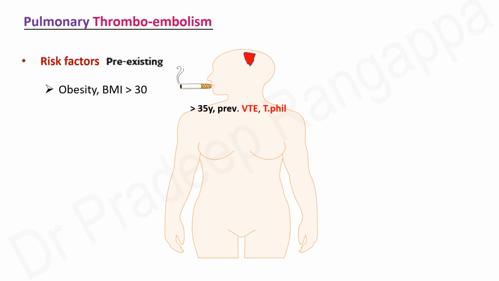So anyone with a stroke, someone with a history of smoking, and anyone more than 35 years who is not very ambulatory, who's had a previous venous thromboembolism or thrombophilic states or a procoagulant state, or someone in ICU with sepsis, or any individual with heart failure or respiratory failure or end-stage lung disease like COPD or inflammatory lung conditions.